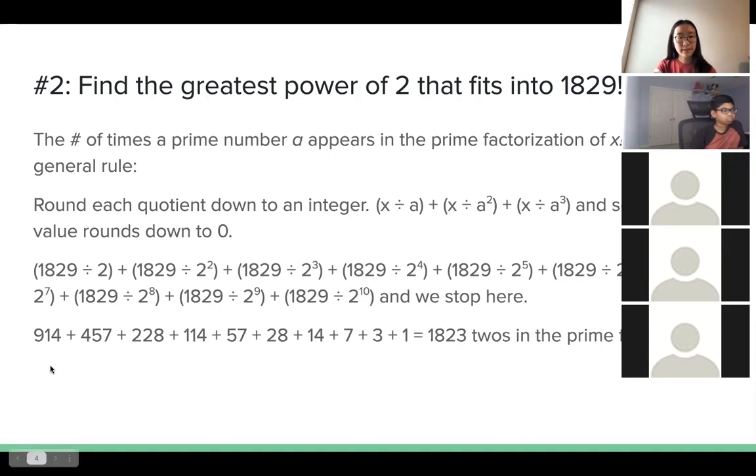Then you type it in your calculator and find the sum of everything, and it tells you that there are 1823 2s in the prime factorization of this factorial. So the answer is that, because that's the power it's raised to.